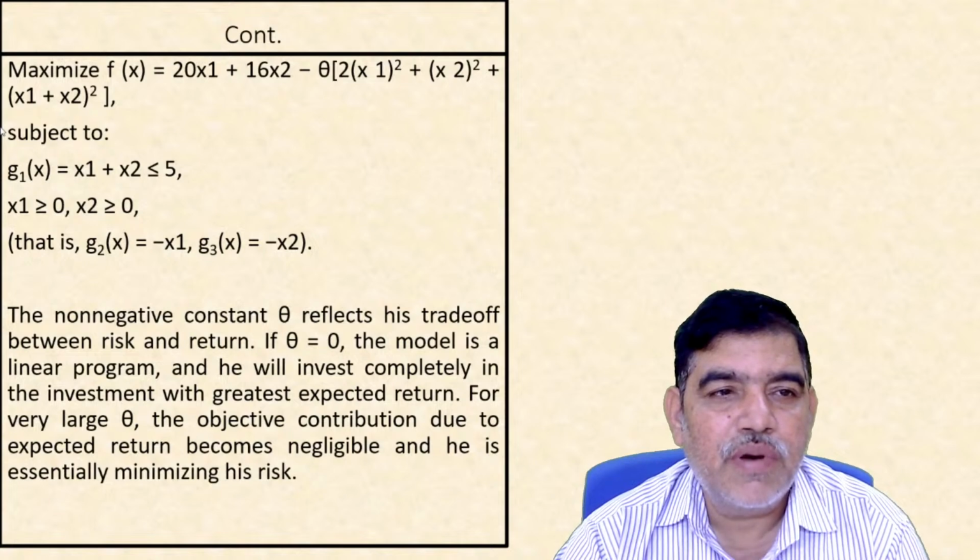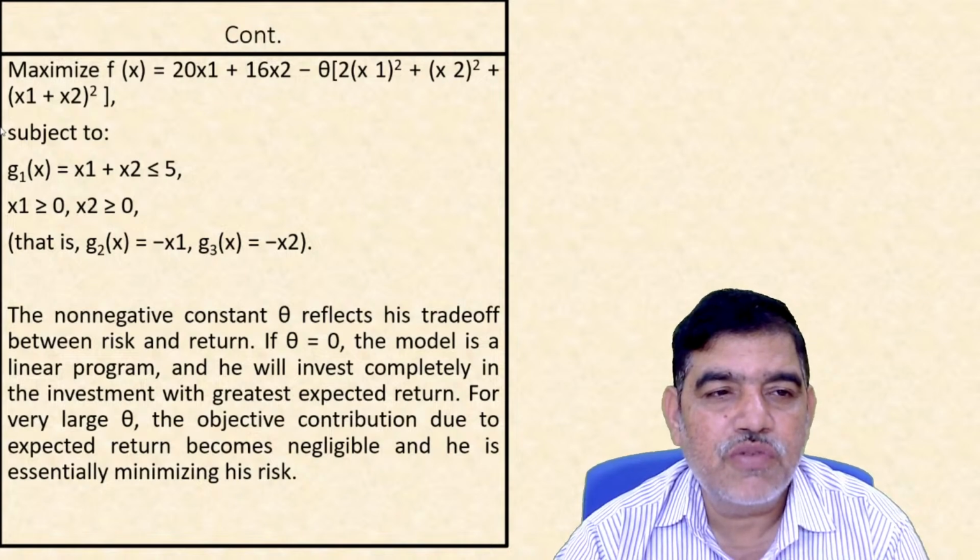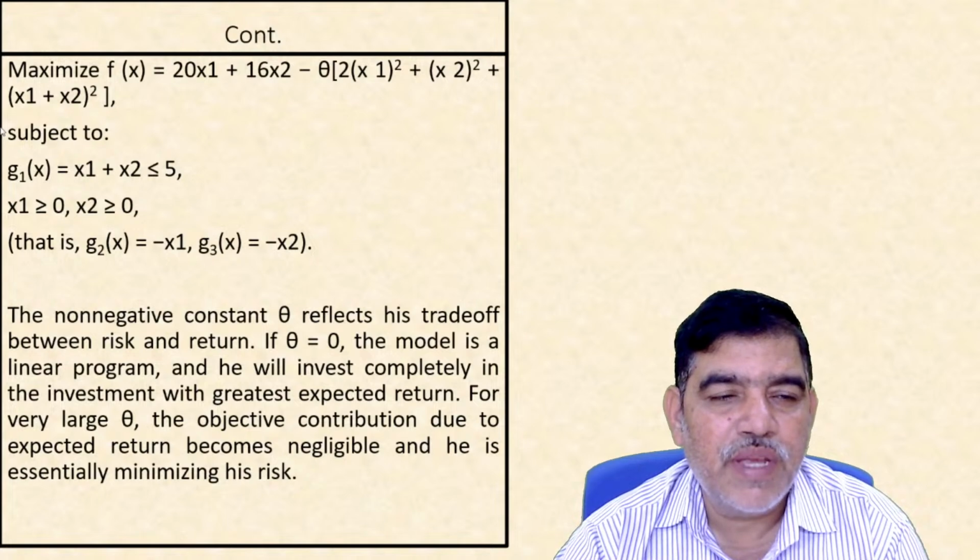Maximize the function of x, that is z, equal to 20x1 plus 16x2 minus theta of 2x1 square plus x2 square plus x1 plus x2 whole square. This is known as the function f of x, or you may represent it as z. What are the subject to constraints?